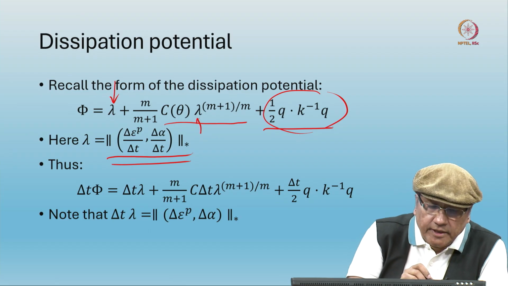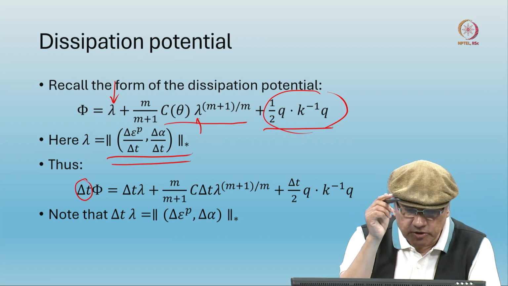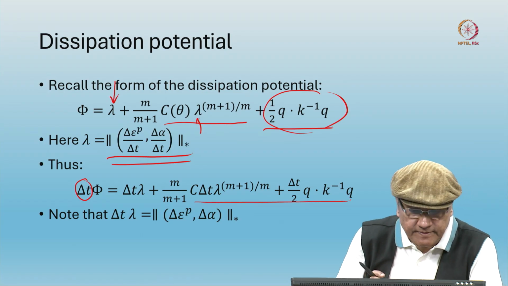Because there is a delta t factor multiplying phi in the rate functional, the whole thing has to be multiplied by delta t. So delta t comes in everywhere in all the terms.